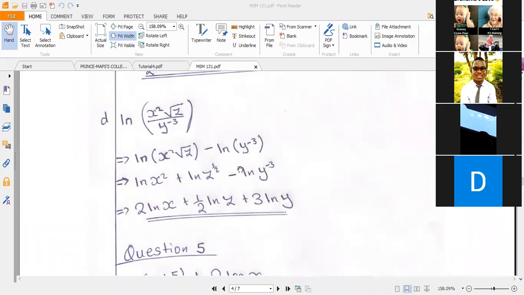Instead, it is supposed to show 1 over y to the power 3, not y to the power 1 over 3. No, that is not correct. Okay, yeah, sorry, I've seen it. Okay, thank you.